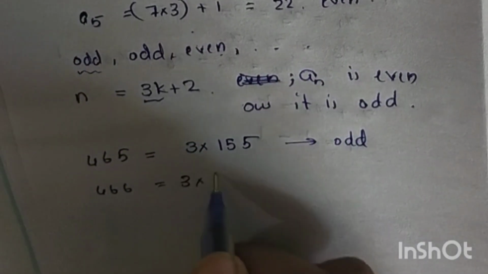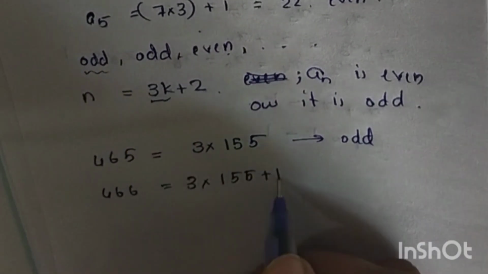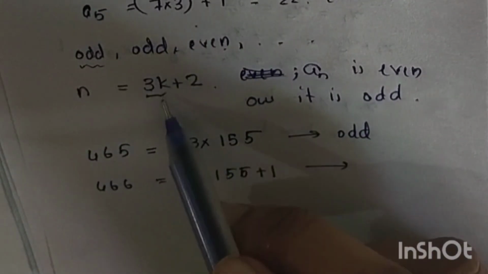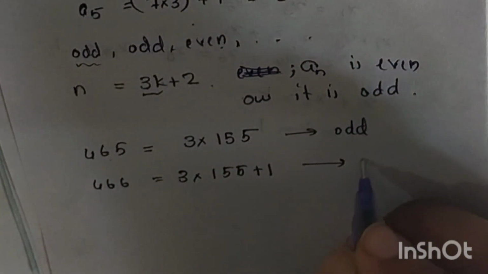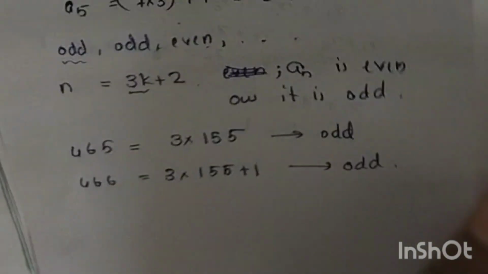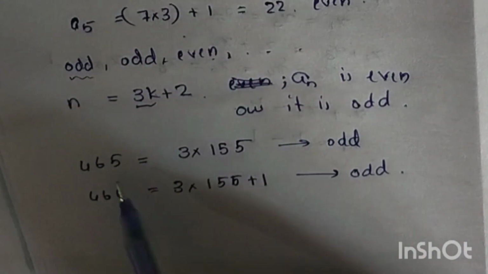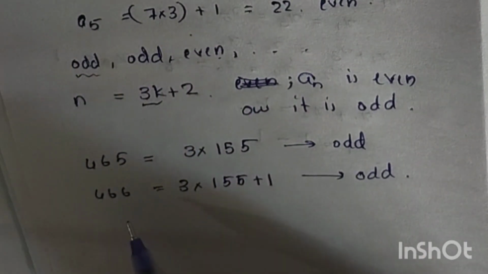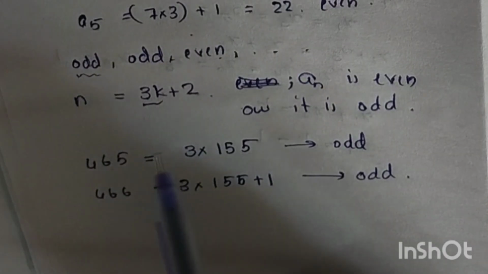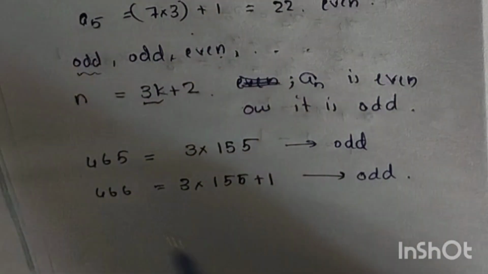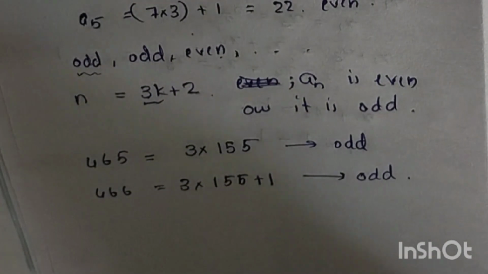Here we have 3 into 155 plus 1. And it is not of the form 3k plus 2. Then it will be again odd. So the answer is option B, a465 is odd, and a466 is odd.